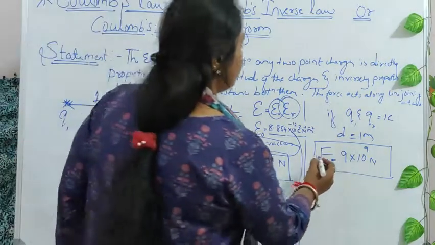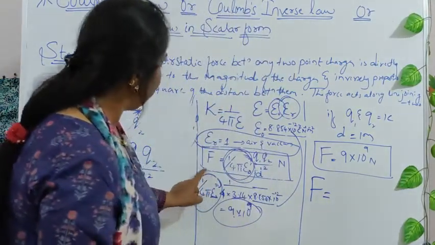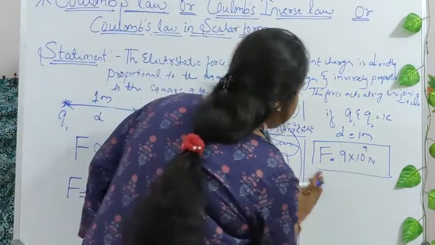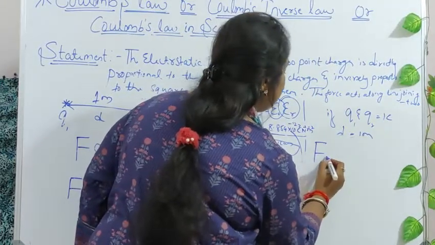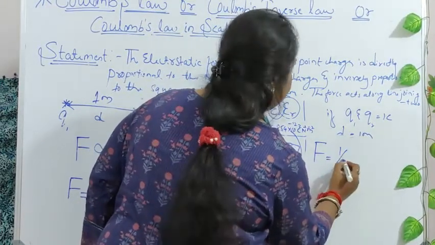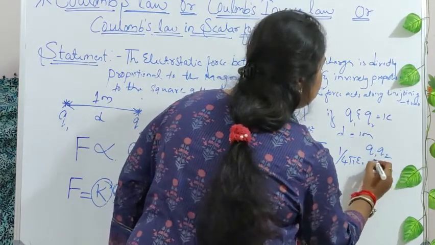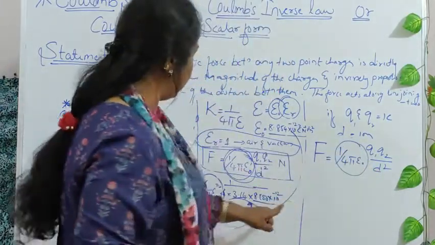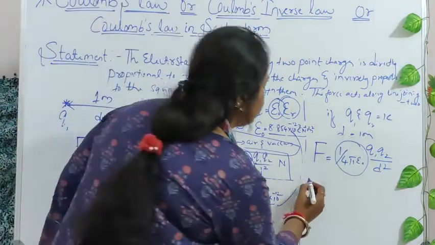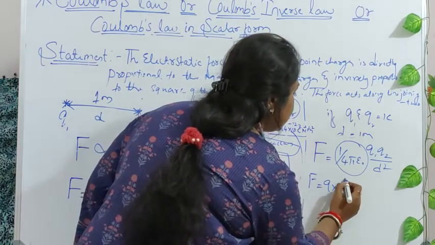The two charges have magnitude 1 coulomb and the distance between them is 1 meter. Then what do you write? What is the force? Force is equal to 1 divided by 4 pi epsilon naught, Q1 Q2 divided by d square. The value we have got is 9 into 10 raised to 9, so substitute that. F is equal to 9 into 10 raised to 9.